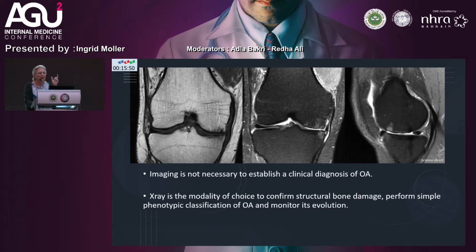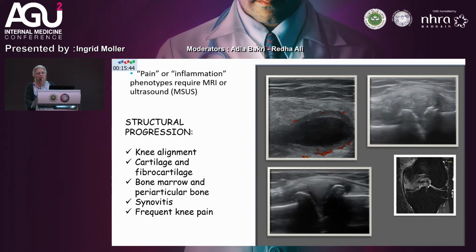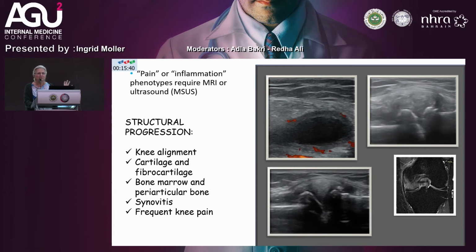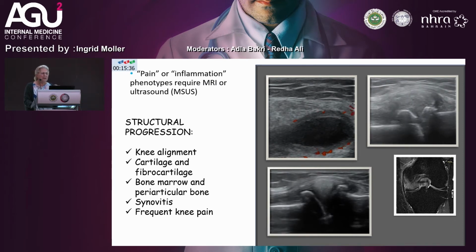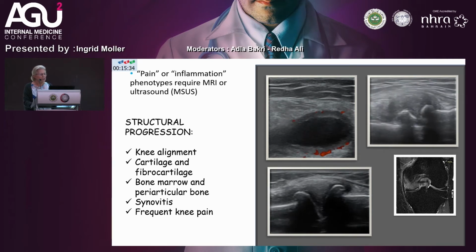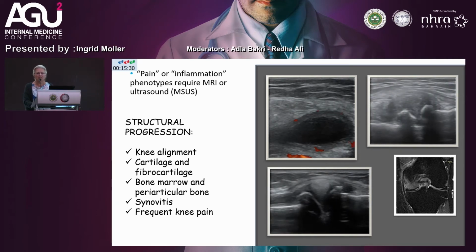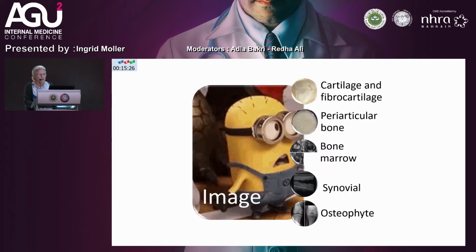This is not for having this early window. And we know that we have patients who can have a structural progression. We have different phenotypes of osteoarthritis based on pain, based on inflammation, and based on many other different aspects of the disease. So can we image the different components of the joint?